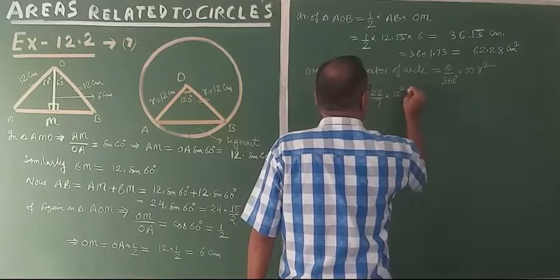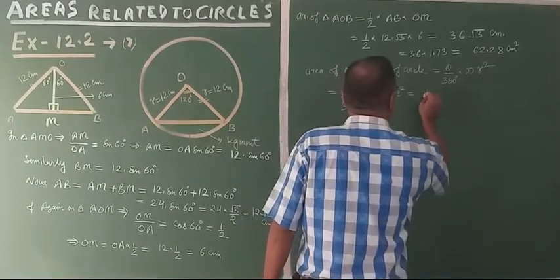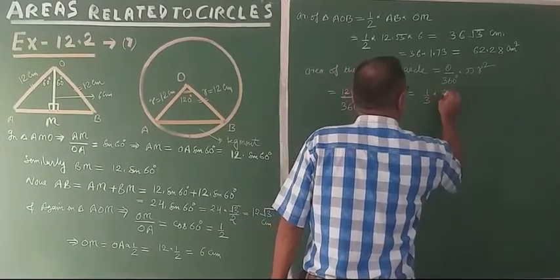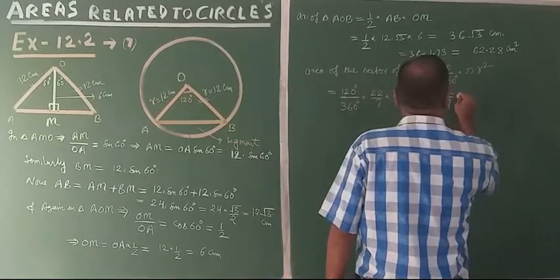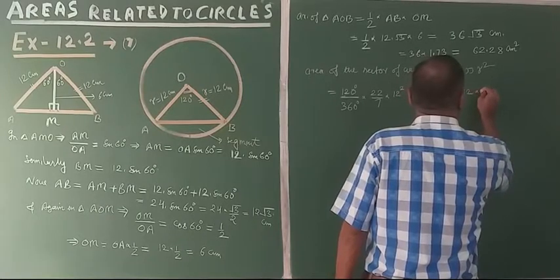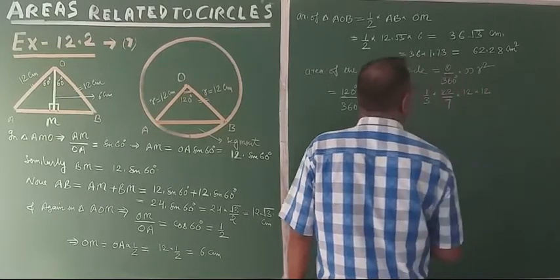r is 12 square. So this will be 1 upon 3 into 22 upon 7 and into 12 into 12.